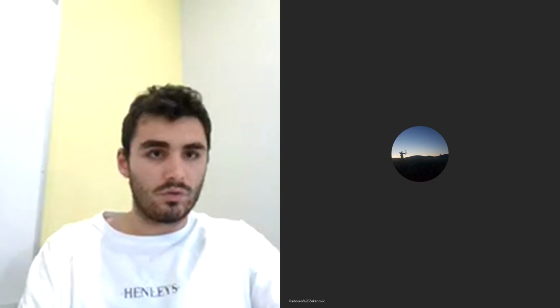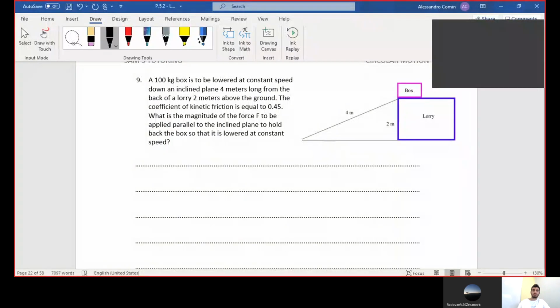So I'll just draw them. If the box is here, this is gravity, this is friction, and there's going to be another force going up the slope. So the force plus the friction force should equal gravity. But what's the other force? Well, that's what we're trying to find.